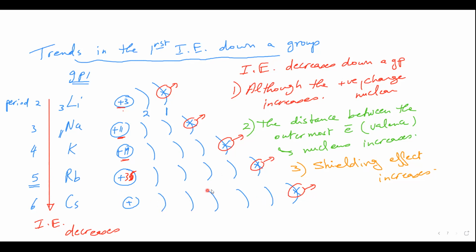It is the electrons that are found in the inner shells. Here we have only 2 electrons, so the shielding effect is small. But here we have 2 electrons and then 8 electrons. The shielding effect increased because the number of electrons in between this positive nucleus and the outer electron increased.